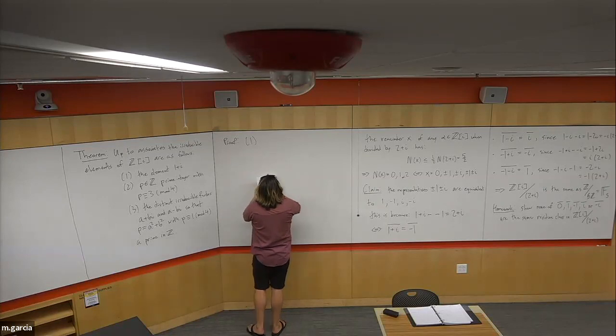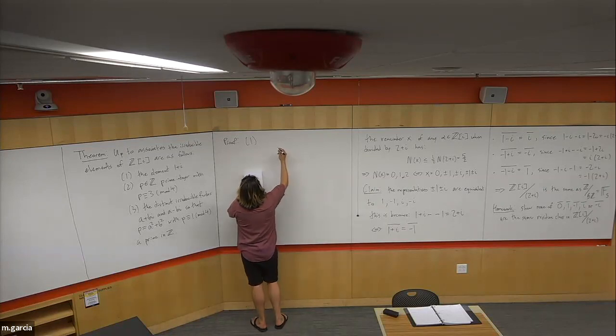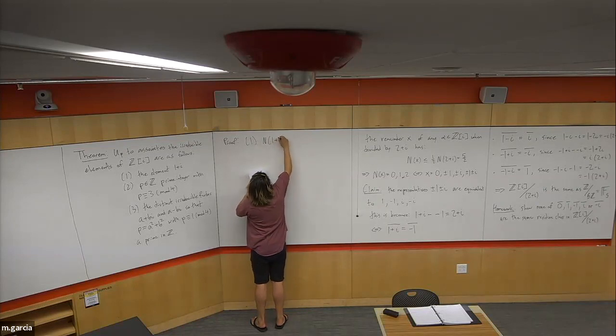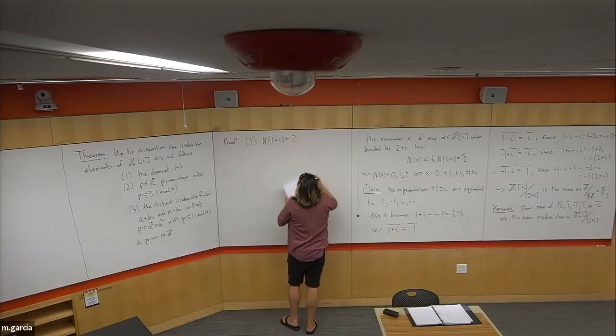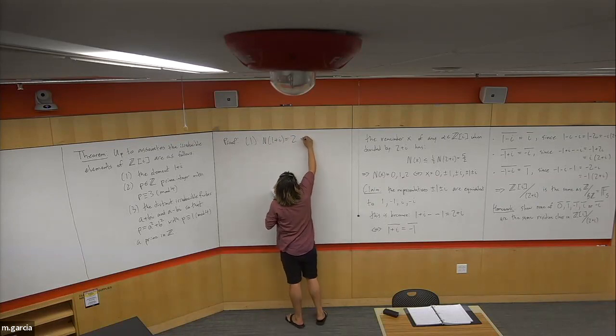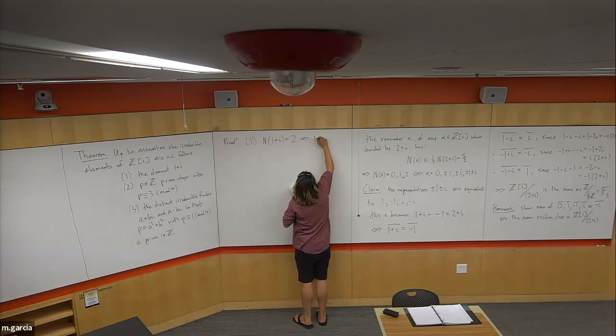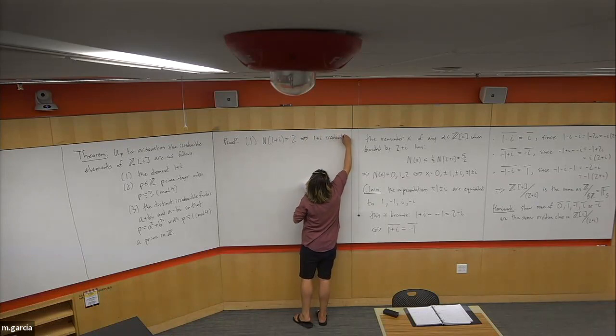So first of all, let's just take the norm of 1 plus i. What do we get here? This is 2, which implies 1 plus i is irreducible.